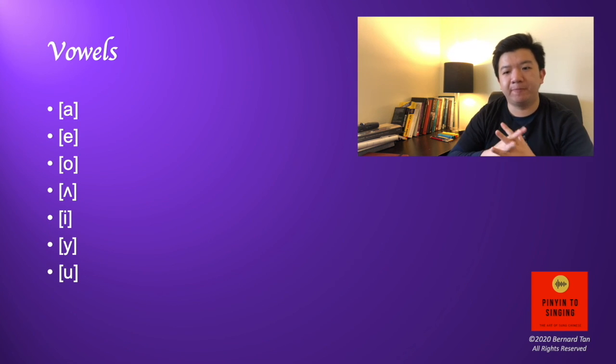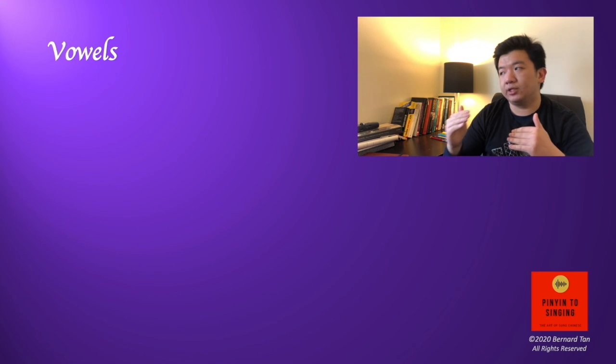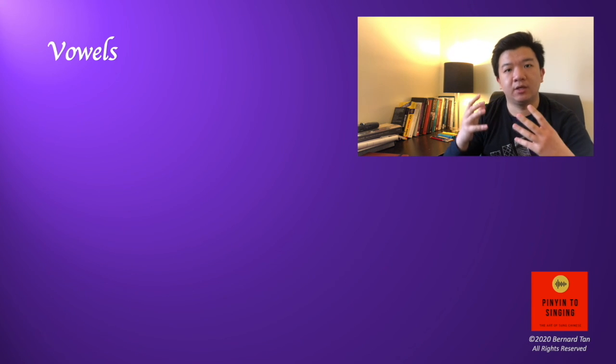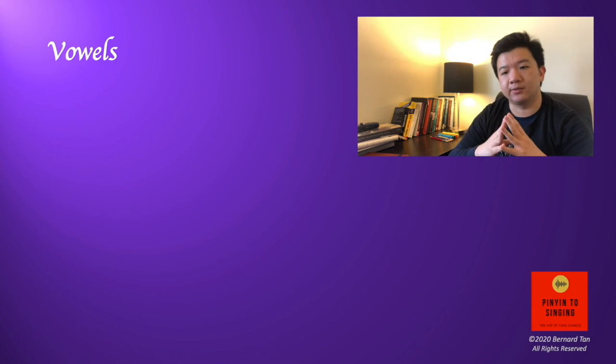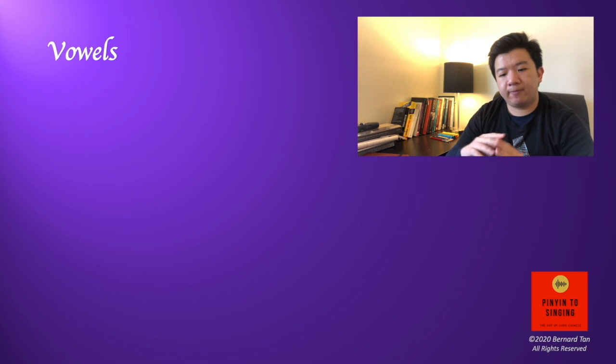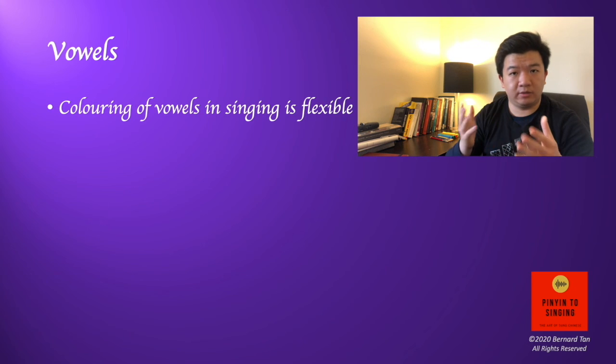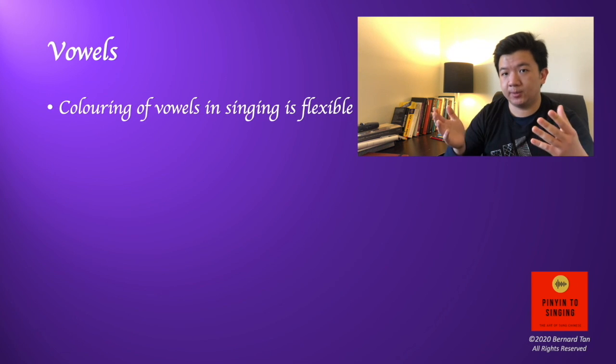I talked a little bit about how in singing the vowels can have different colors because of the acoustic of singing, especially in classical singing. Now in Chinese, the coloring of the vowels in sung Chinese is actually flexible.